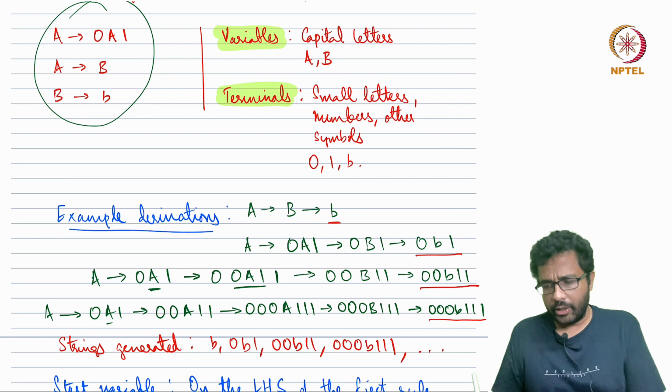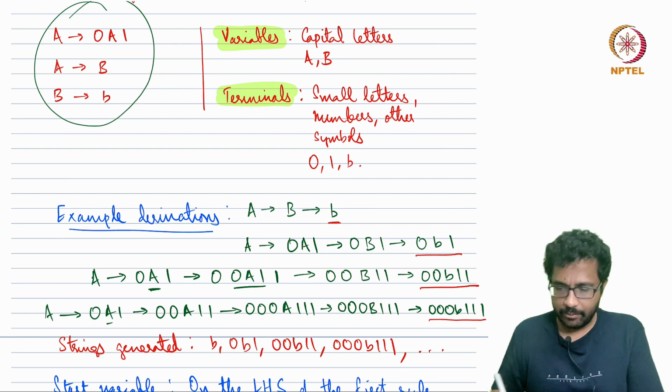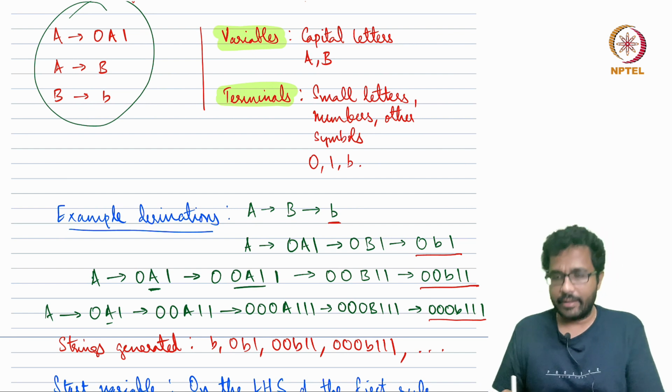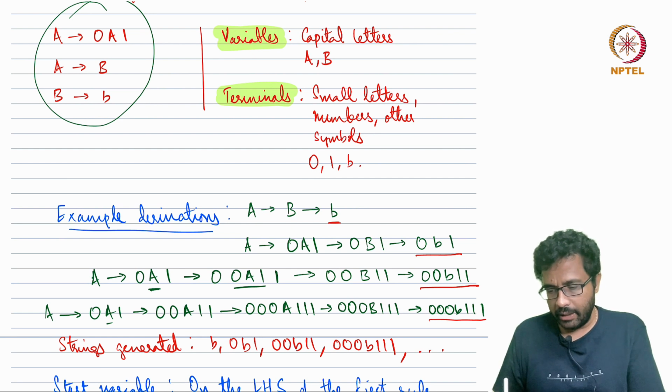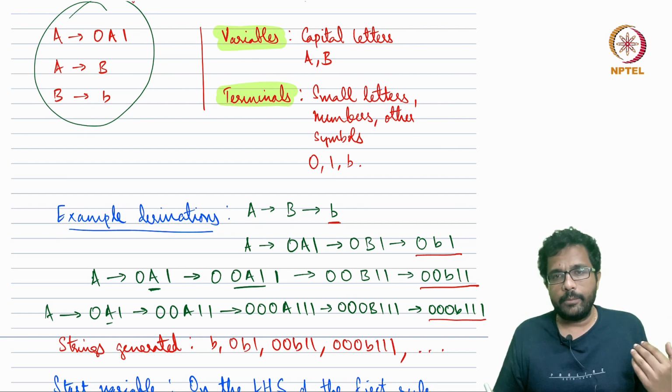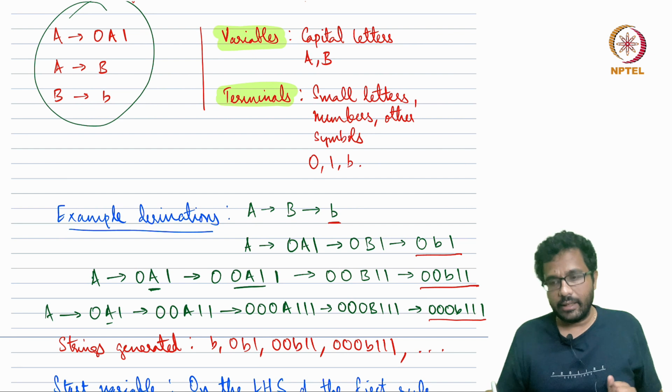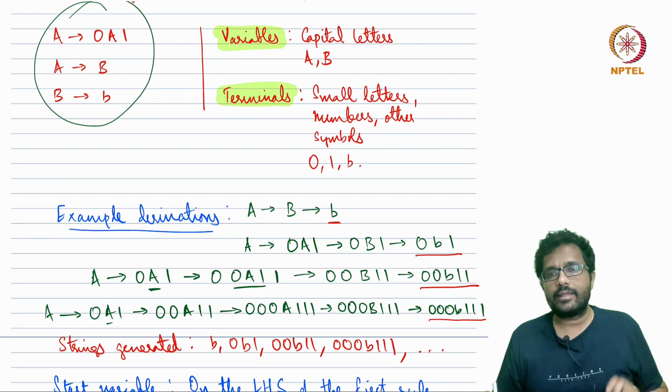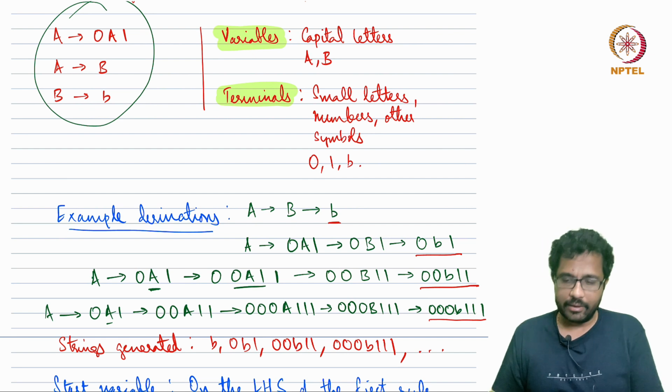You can also convince yourself that these are pretty much all the strings that are generated. So B, and then some zeros before B and some ones after B, where the number of zeros and the number of ones are the same. These are the kind of strings that are generated by this particular grammar.